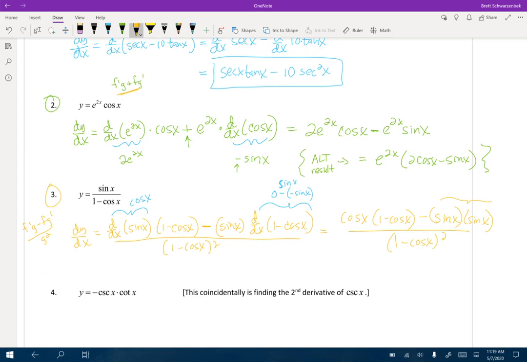You could also distribute and do all the fancy math. Matter of fact, this might even come out to something even more fancy, but in terms of simplifying. But as I stated earlier on, after you do the quotient rule, you basically can finish your result right there in terms of your problem. I forgot to box this before. So you can finish your result right there, and I'm perfectly fine with that. It's showing me you know the quotient rule, and everything is all good.